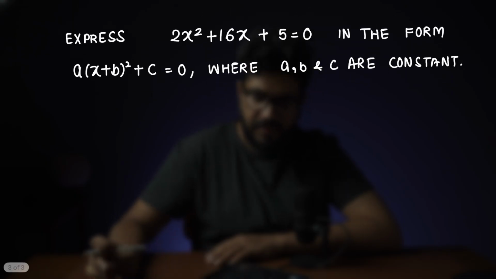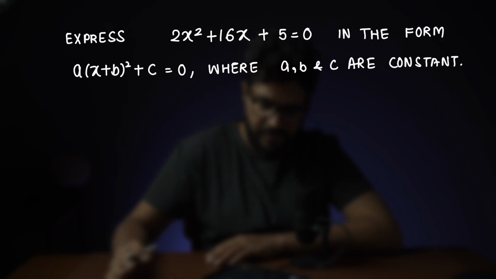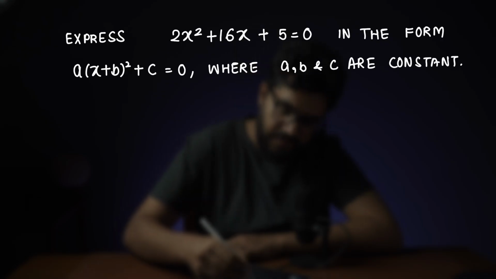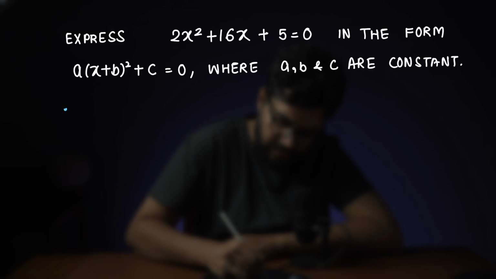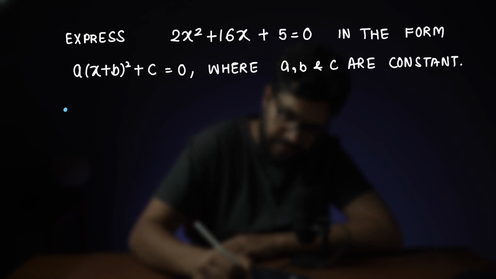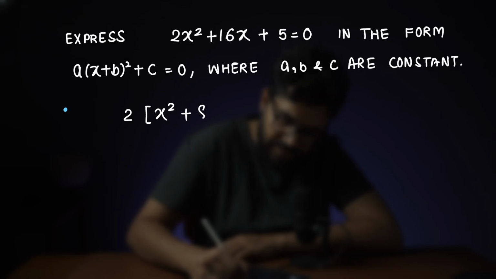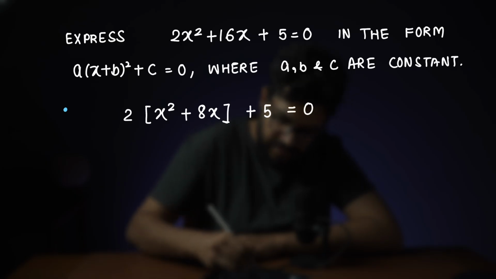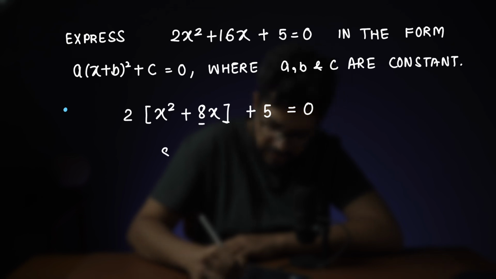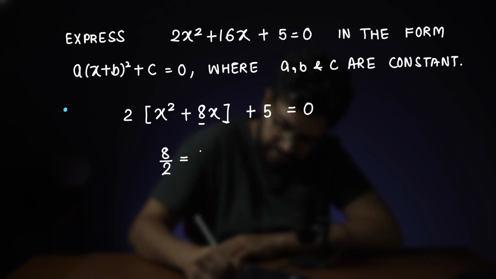So express 2x squared plus 16x plus 5 is equal to 0 in this form. So what we can do is, the first step is take 2 common to make the coefficient of x squared 1 from the first two terms. So we have 2 times (x squared plus 8x) plus 5 is equal to 0. Then we can take half of the middle term, half of the coefficient of x, that gives us 4.